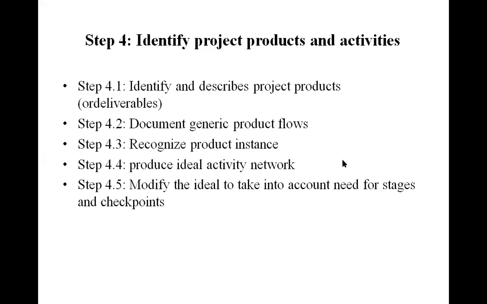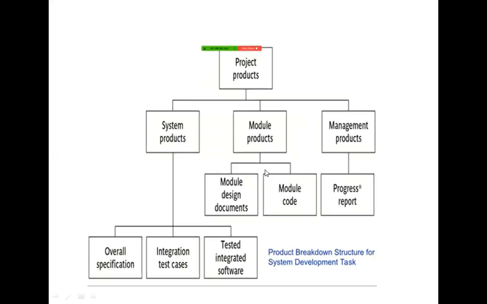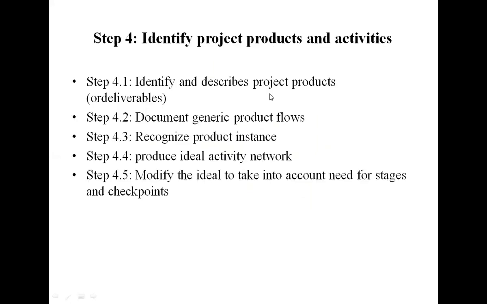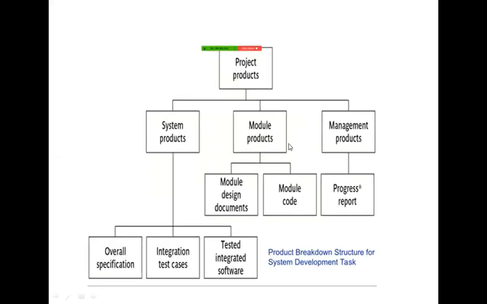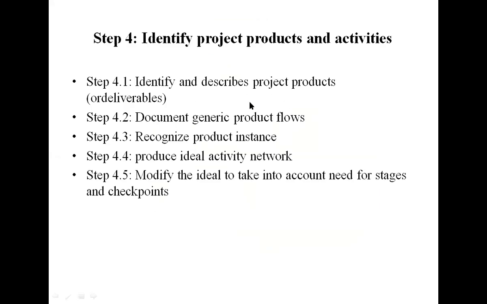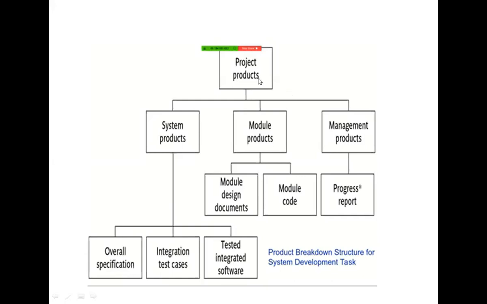Must see the flow chart below. This is related to project products. We have to identify and describe the project products. Okay, see here, project products are split into three parts: system products, module products, and management products.